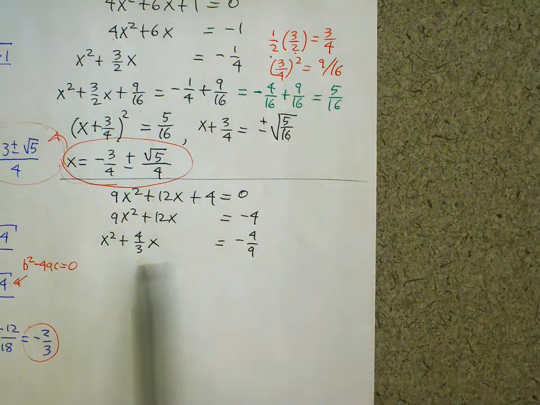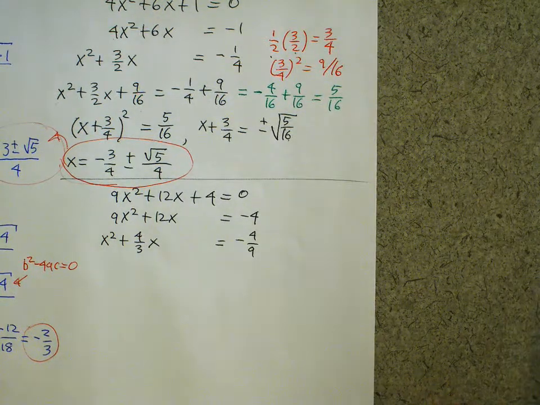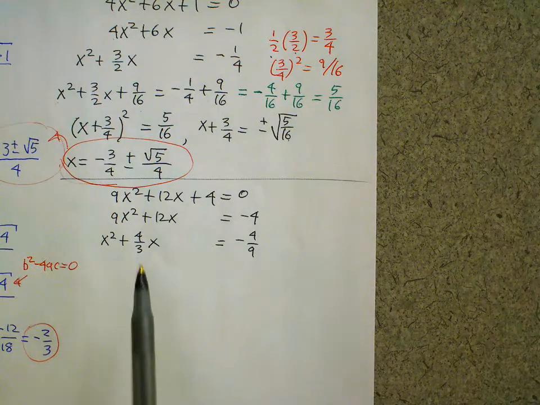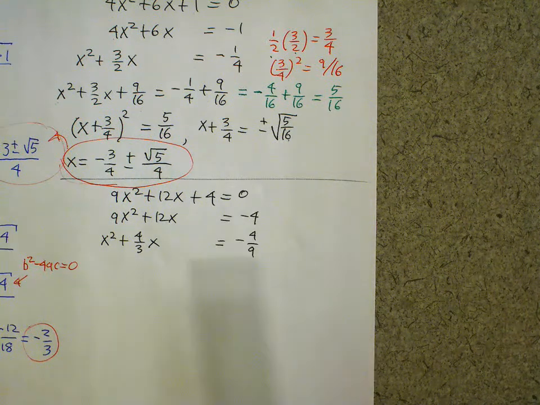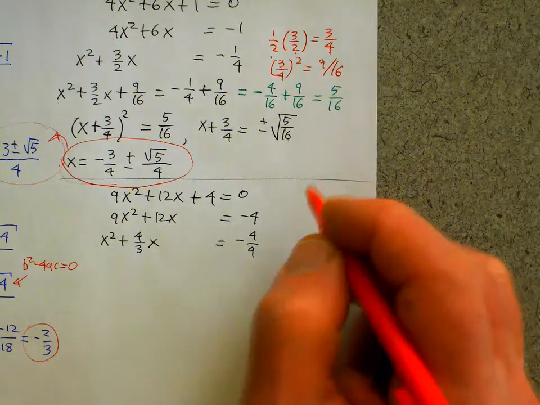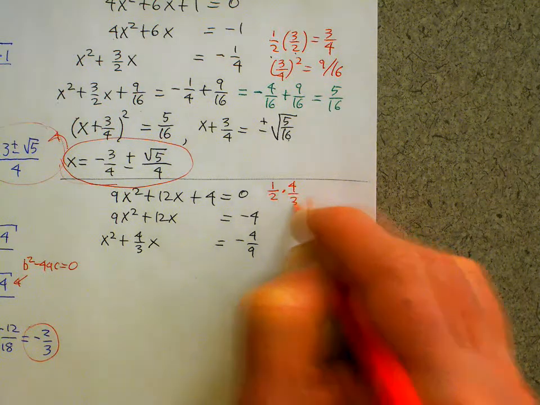Okay, the next step is the completing the square step, or the creating a perfect square trinomial on the left-hand side of the equation step. So we want to add a number to both sides so that the left-hand side is a perfect square trinomial. So we take 1/2 of 4/3. 1/2 times 4/3 is 2/3.